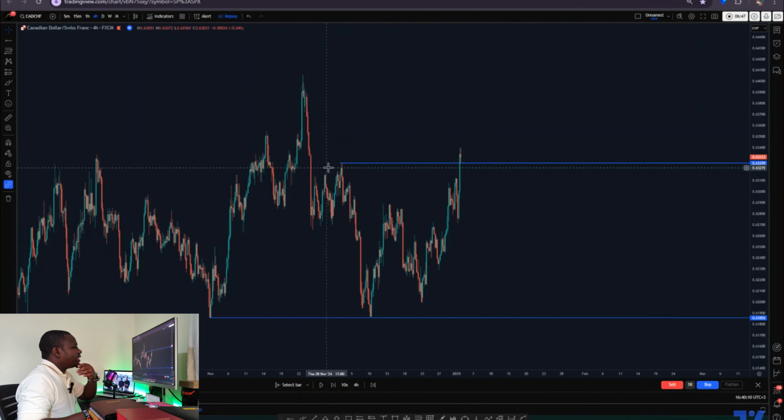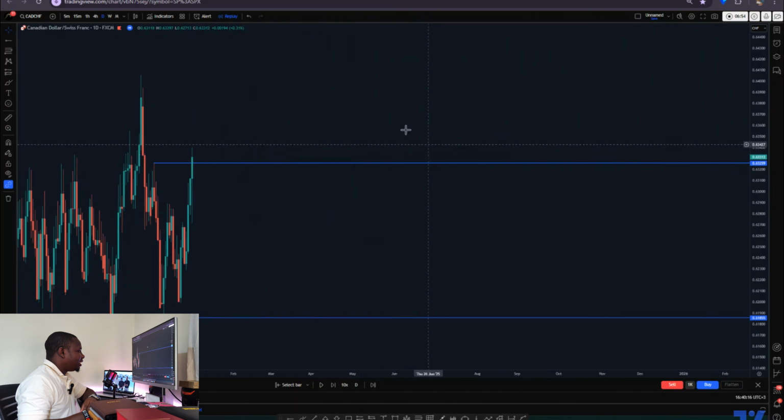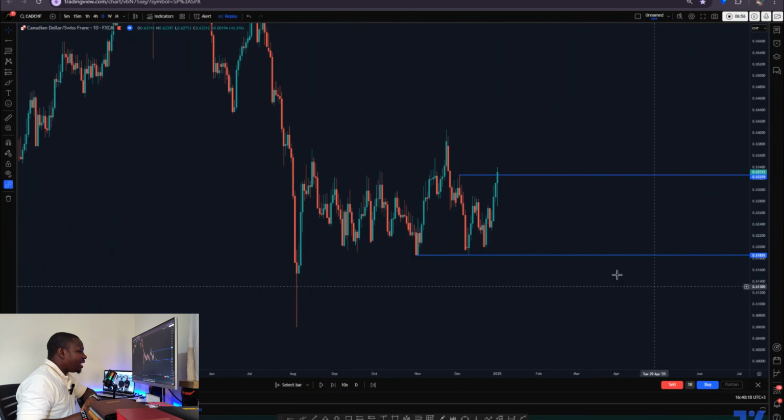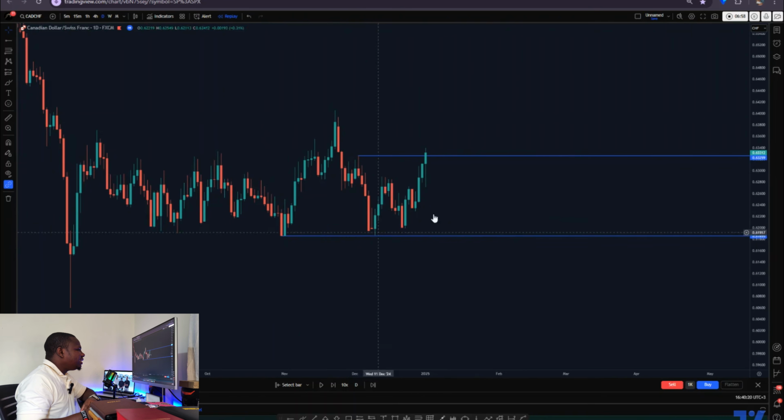Now this was the area that we were mainly focusing on from the daily time frame. If we just go back, that's the area that we were looking at, right? Now if that is the area and we have here a near miss, we know that the price has a very high chance of coming back to these lows, to take these previous lows before we see any shift in the market, right?